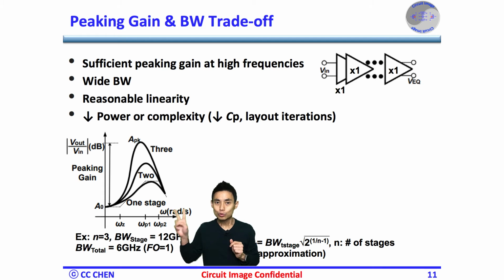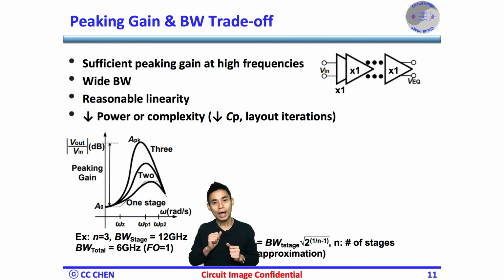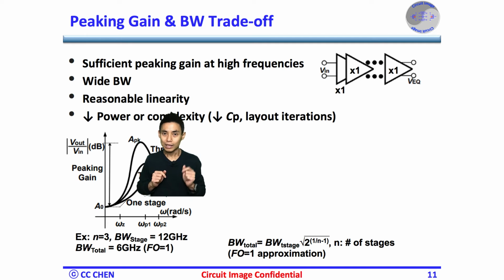If there are two-stage CTLE plus the summing amplifier in DFE, the total number of stages will be 3, and the bandwidth of each stage is 12 GHz, then result in a 6 GHz total bandwidth, which would be good enough for the 12 gigabit per second usage and reasonable power, linearity, and design complexity. The total gain at the Nyquist rate could be 14 to 18 dB over PVT conditions.